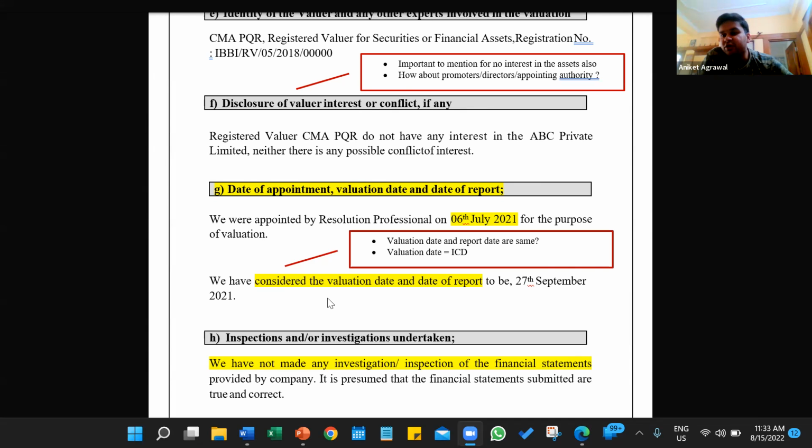Actually, my question was pertaining to land and building. Yes, it answers my question in the part of plant and machinery and inventory. But when we are talking about land and building, I was looking at it from the point of view of adverse possession or certain dilapidations or certain unauthorized construction or all those things, because when you talk about land and building, on the date of insolvency commencement, maybe the factory was running, or maybe something was happening, or someone was living there.